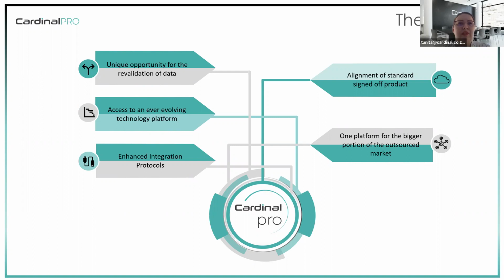And then most importantly, having all of our clients on one platform really gives us the opportunity to focus a bigger development team onto new technology for the greater portion of the outsourced market. So it really enables us to do more development and make sure that our platform remains current with the technology out there.